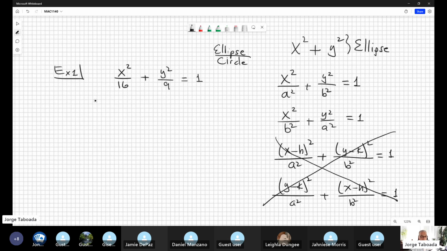So that means the center of this ellipse is located at the point 0, 0, because h and k are both 0.